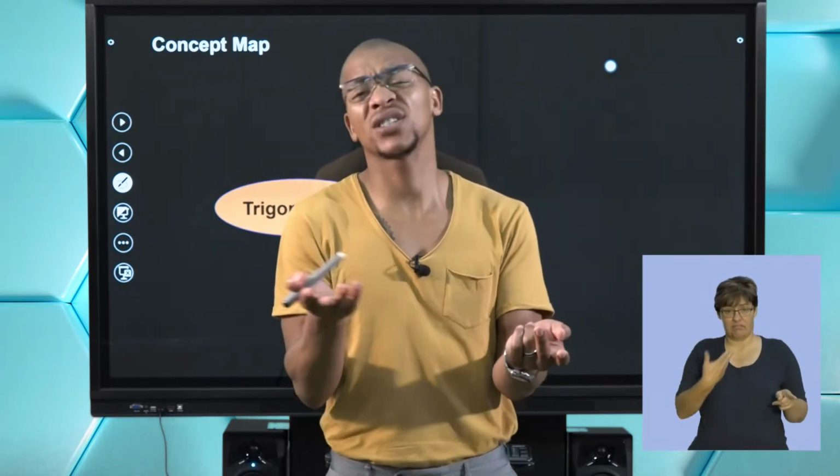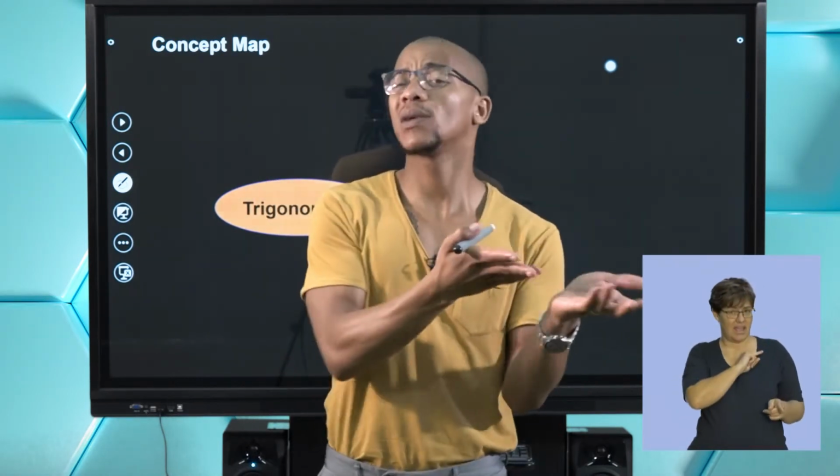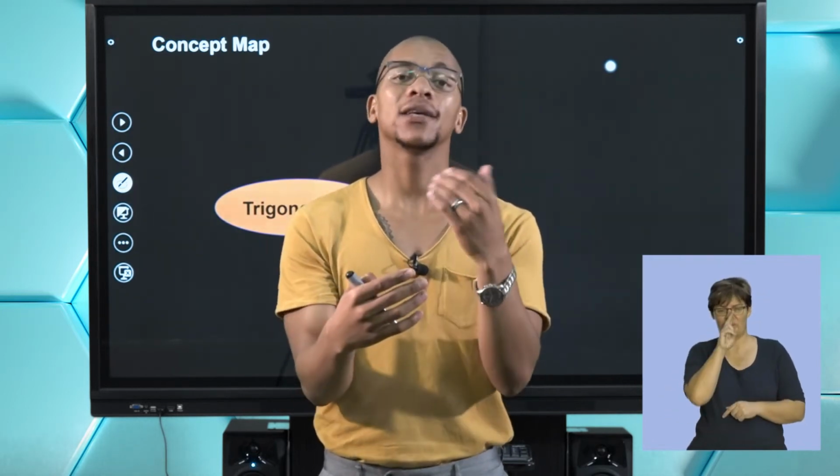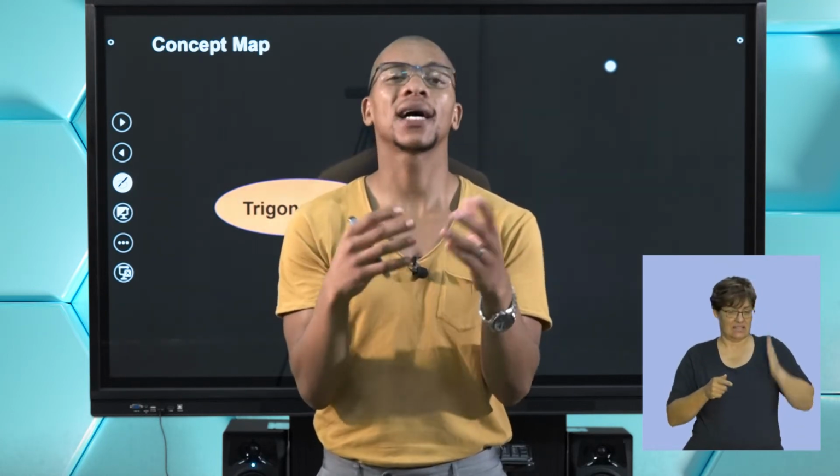Our answer was yes. Why? Because I will use the theorem of Pythagoras. The second question I asked you is, can I find an unknown side if I'm given 1 side and an angle? And the answer also is yes, we saw that. If I'm given 1 angle and a side, I will use a ratio. Then the third question was, can I find an angle if I am given 2 sides?